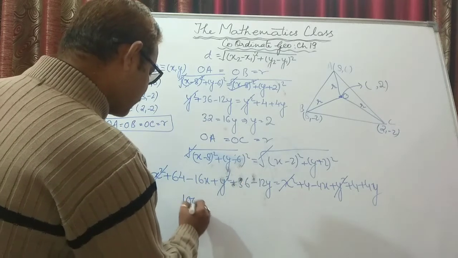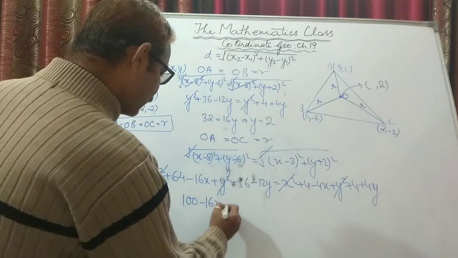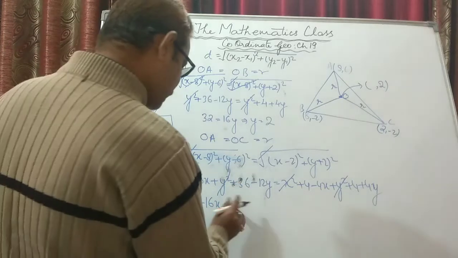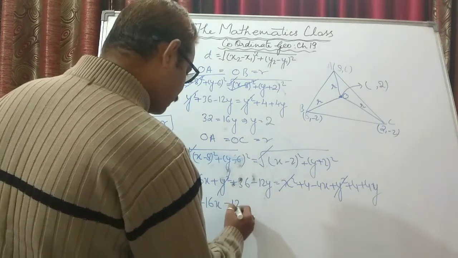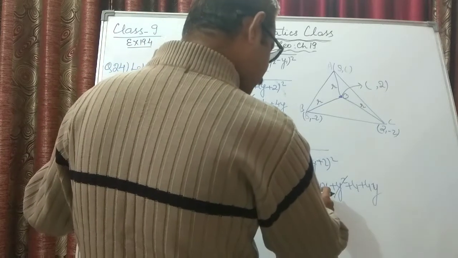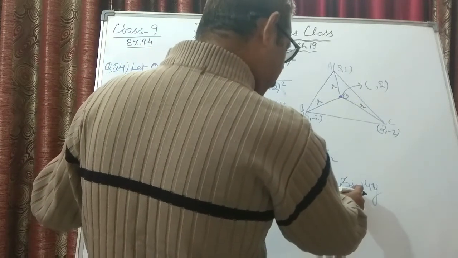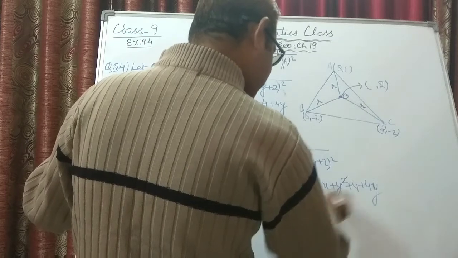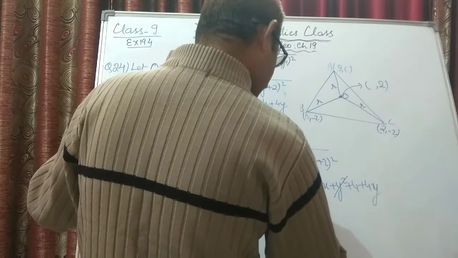Now 64 and 36 is 100. So this can be written as 100 minus 16x minus 12y is equal to 8 plus 4x plus 4y.